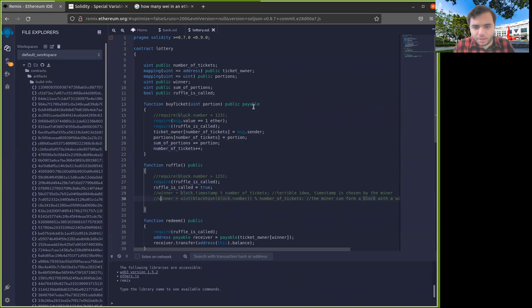And in the raffle, I would just say the winner is sum of portions modulo number of tickets. Okay. Why is this not a good idea? Any ideas? Can you tell me in the chat why this is not a good idea?